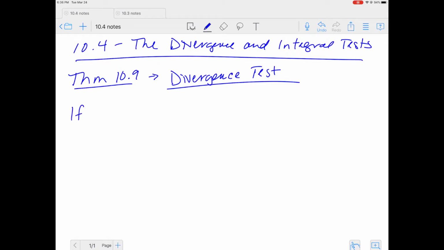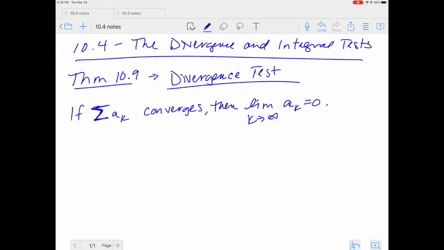Let's write it. If my series here, that's a sigma, a sub k, converges, then the limit as k approaches infinity of a sub k equals 0.